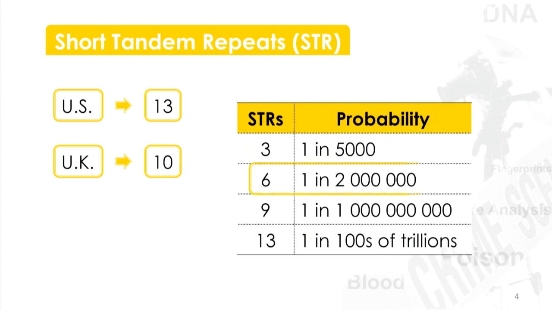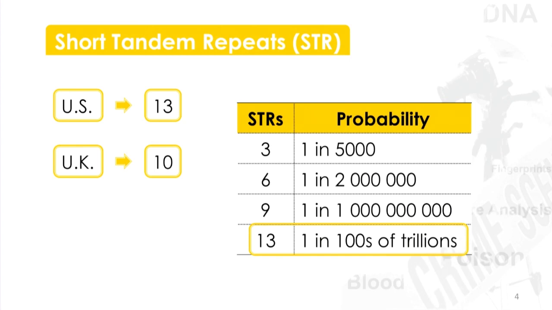Go up to 6 STRs, you're talking about 1 in 2 million. 9 STRs, you're talking about 1 in a billion. So when you get to the US number of 13 STRs, the odds are 1 in hundreds of trillions. So we can really say that when you look at this number of STRs, you are truly individualizing the sample to one person.